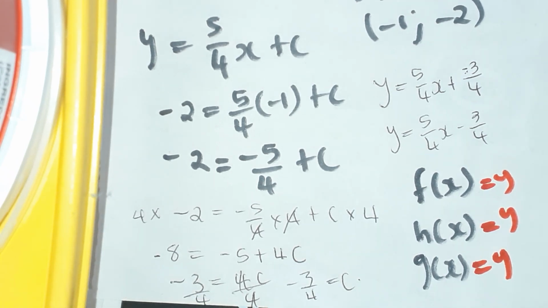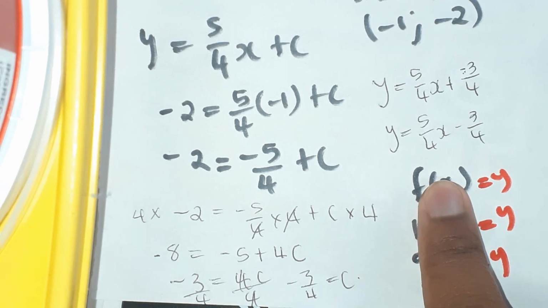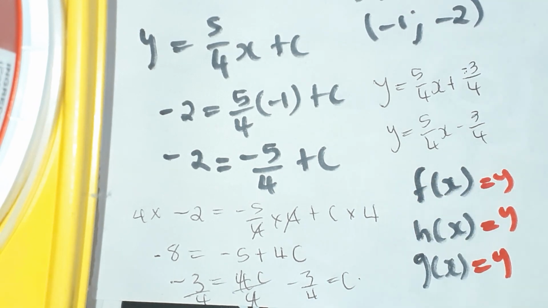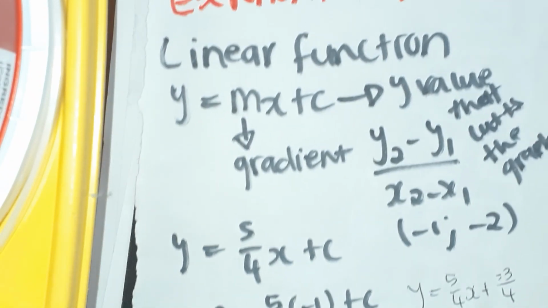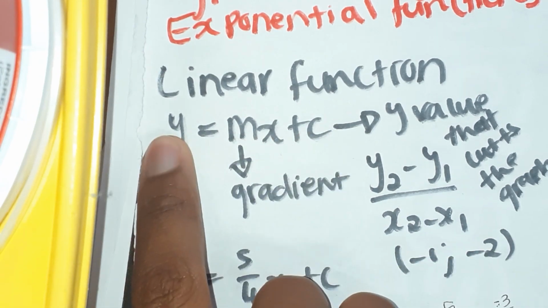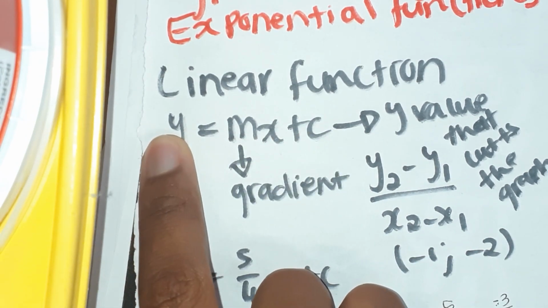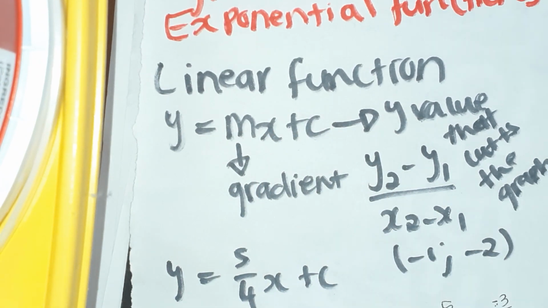You see h of x, that is y. It is standing for y. They could have said y equals mx plus c, but with functions, they use f of x, h of x, g of x. These are the commonly used ones. Just like I have shown you here, y equals, we can say f of x, or g of x, or h of x equals mx plus c.